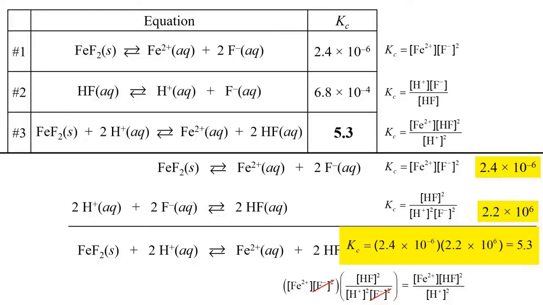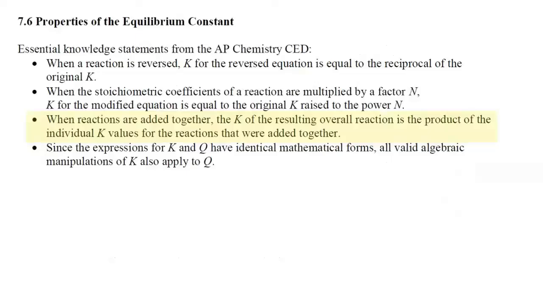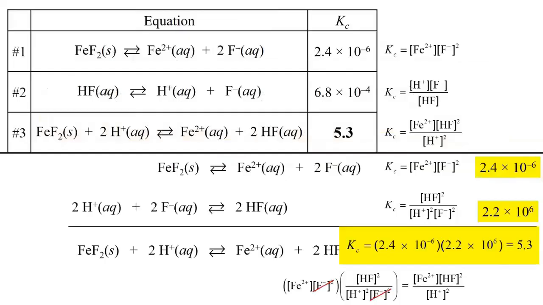Remember that in the essential knowledge statements for topic 7.6, it said when reactions are added together, the K of the resulting overall reaction is the product of the individual K values for the reactions that were added together. So 2.4 times 10 to the negative 6 times 2.2 times 10 to the 6 equals 5.3, and 5.3 is the value of Kc for equation 3.